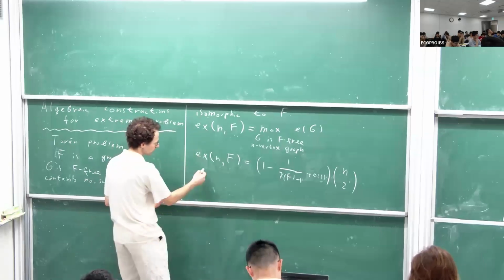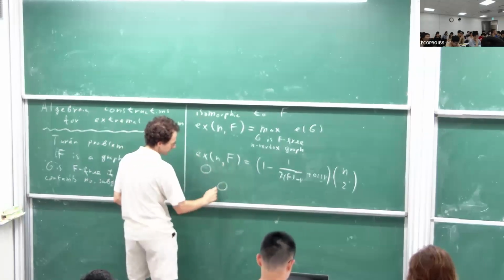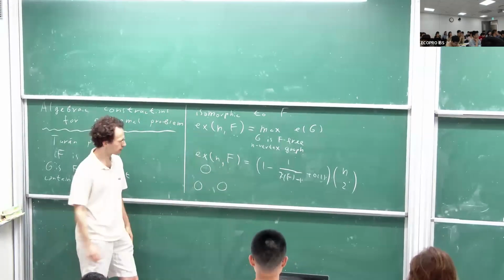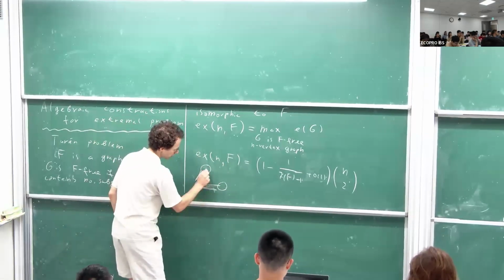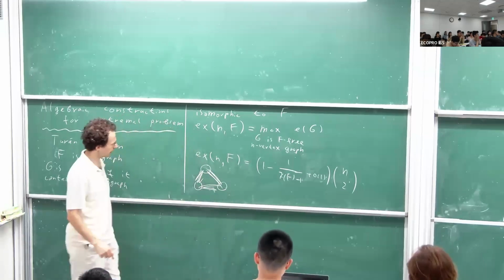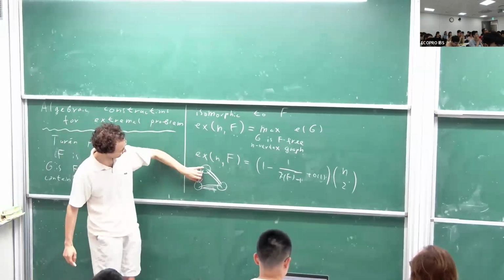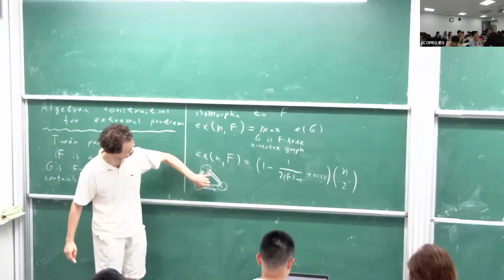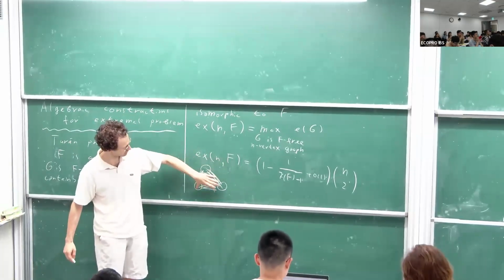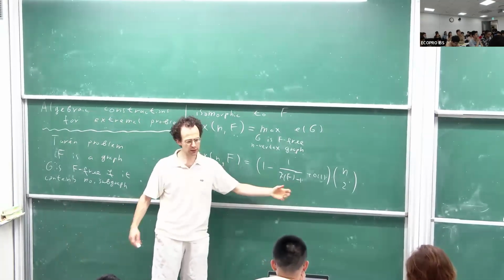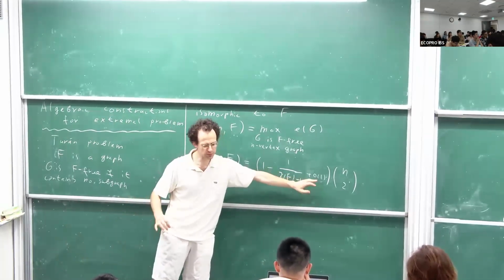And the meaning of the number is that you should basically partition your vertex set into several equal parts, put all the edges in between. The number of how many parts you should choose depends on F. It's basically just choose as many parts as you can, and this is, up to lower order terms, the best possible construction.